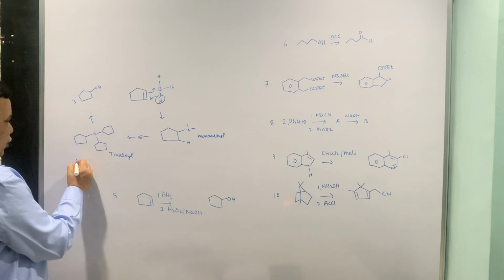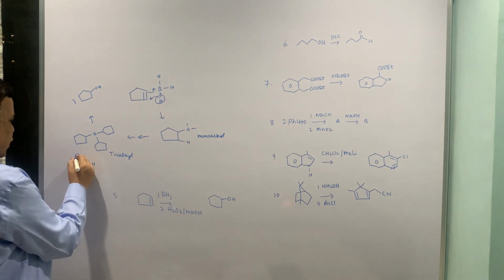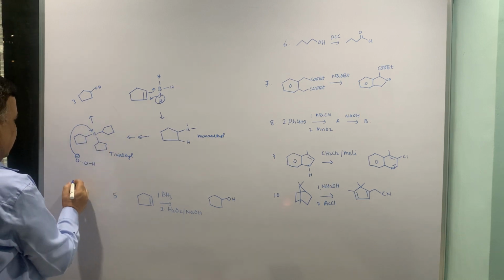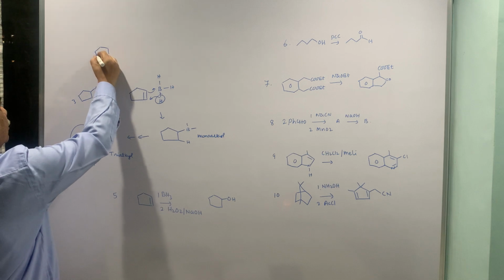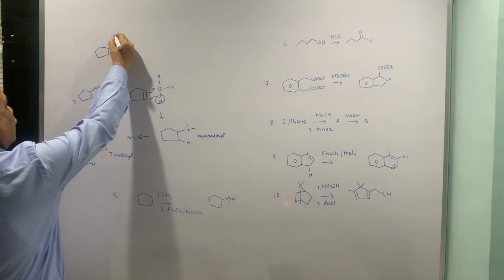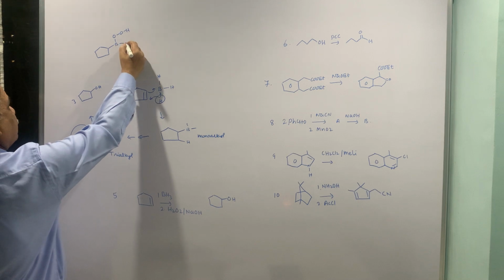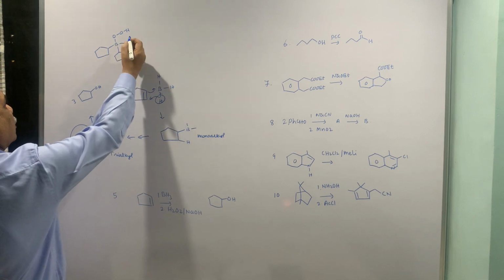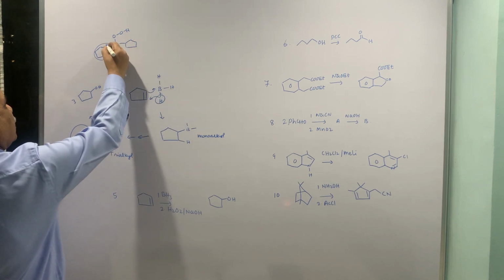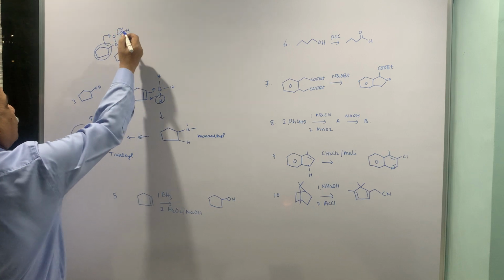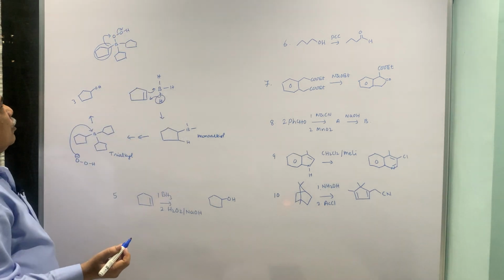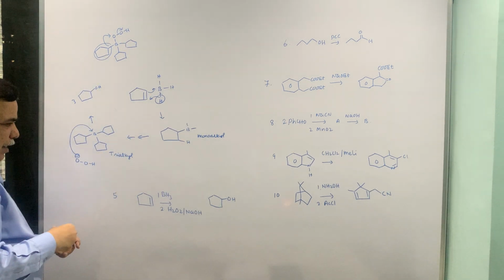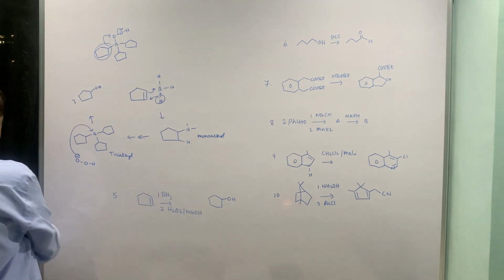Just to recap, I will show you one step, the attack of OOH, then OOH, then shifting this here, this goes off, and then there will be... there, you can go ahead and write down the formation of this secondary alcohol.